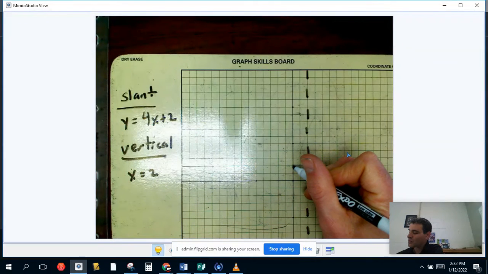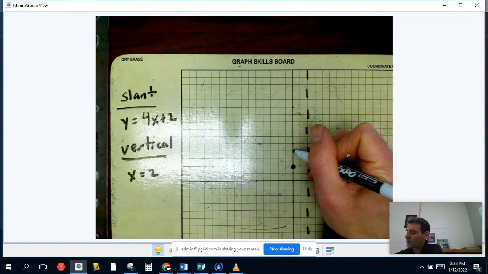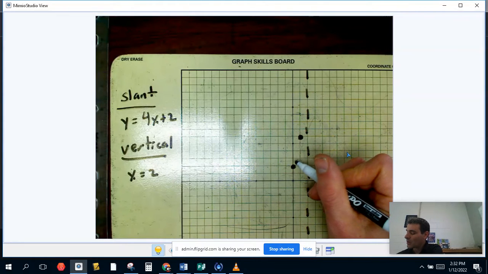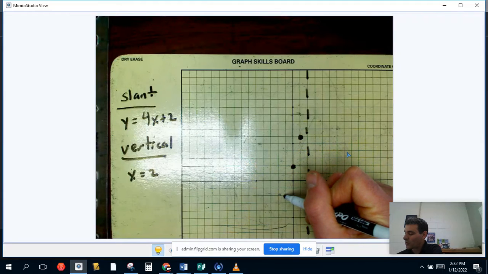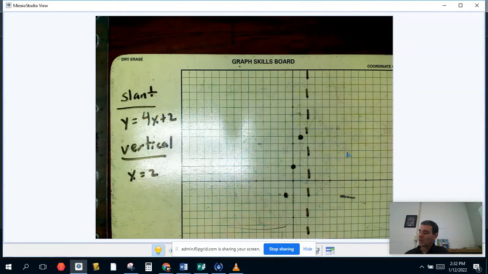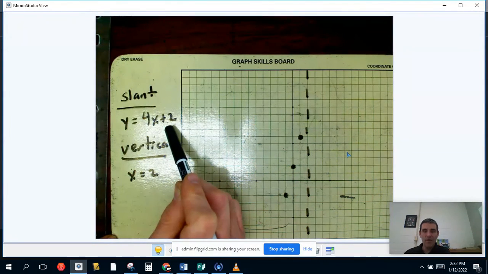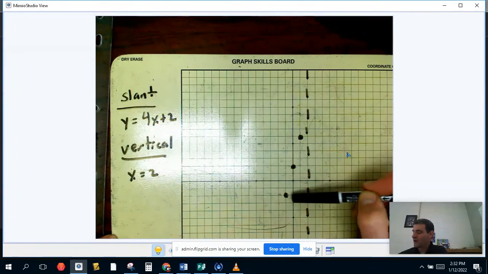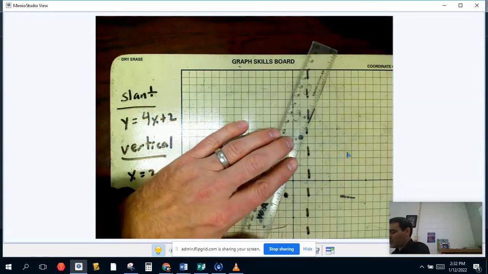So I'm going to go up 2, put a dot, and then go up 4 over 1. I'm going to do the same thing this way. I'm going to go down 4 over 1. Again, how to graph a y equals mx plus b, you go to the y-intercept, which is here, up 4 over 1, down 4 over 1. I'm going to connect.